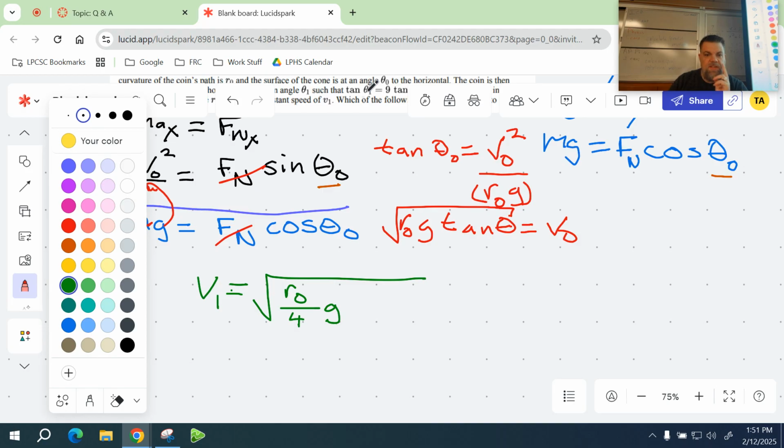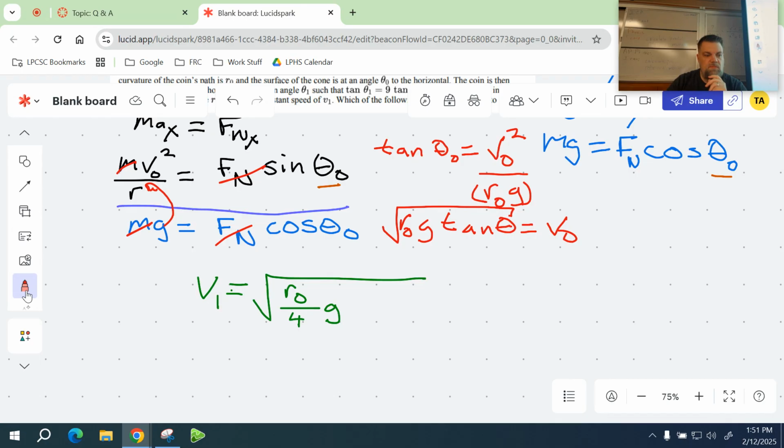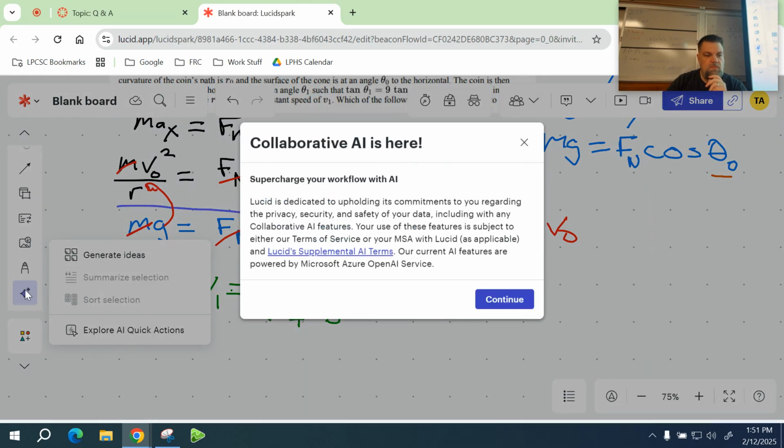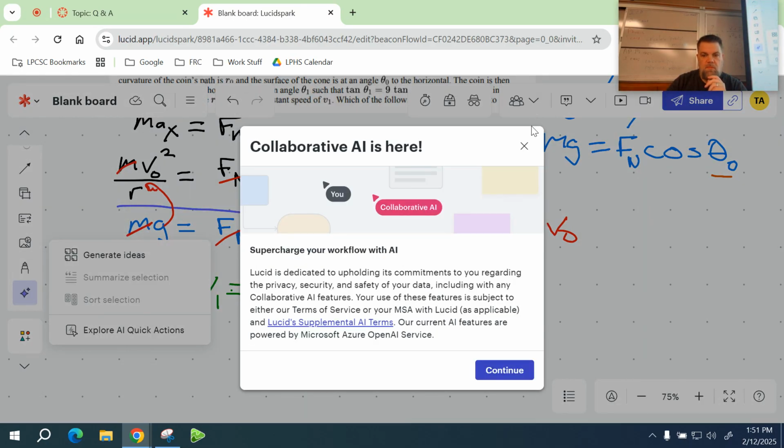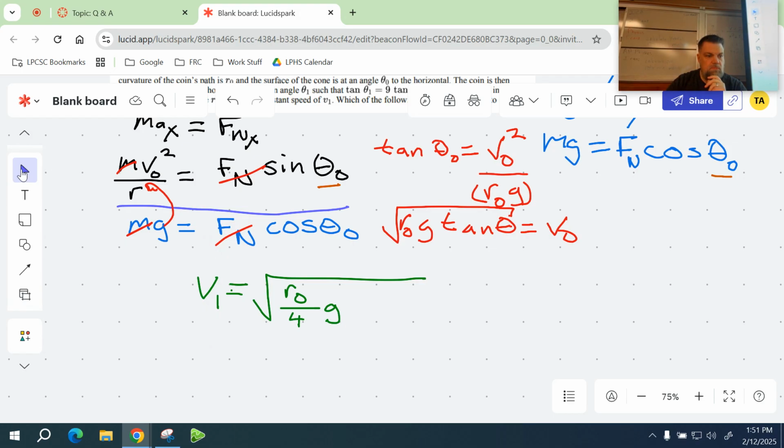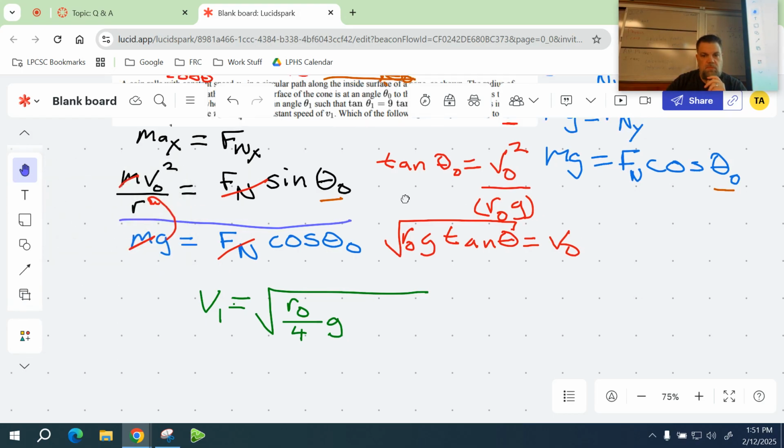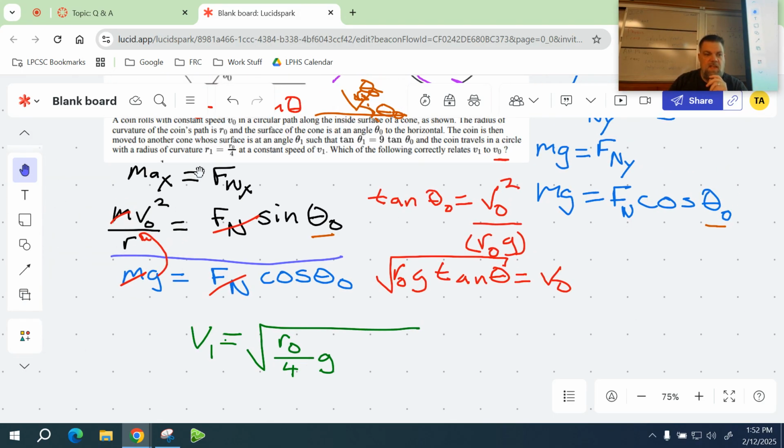And now this is a tricky one, and I want to show you where it comes from. See this line right here? Let me move some stuff around so you can see the line. It says that tangent of theta is equal, whoops.